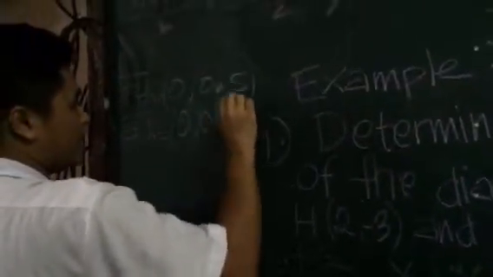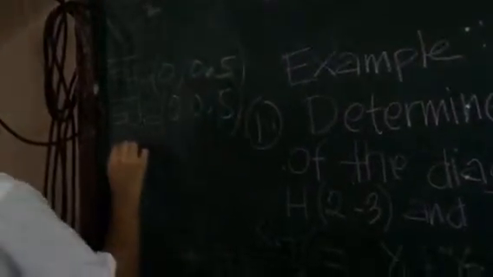So 3 plus -3 is 0 over 2, and 5 plus -4 is 1 over 2. 0 divided by 2 equals 0, and 1 divided by 2 equals 0.5. So the same thing, the answer is (0, 0.5). This is the coordinates.